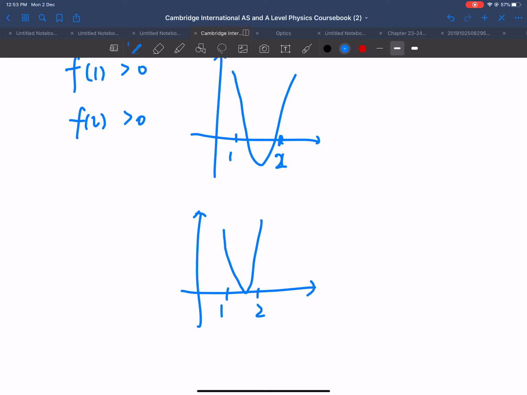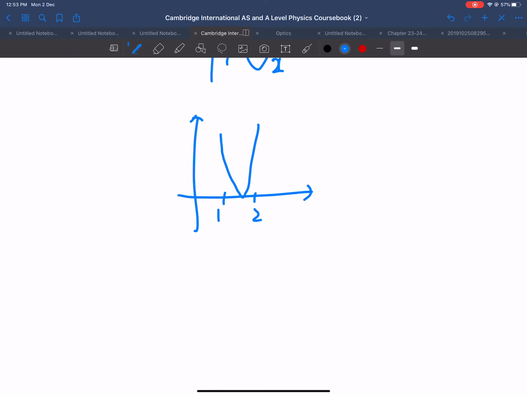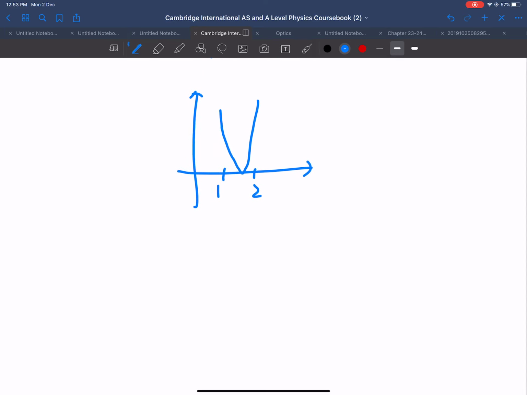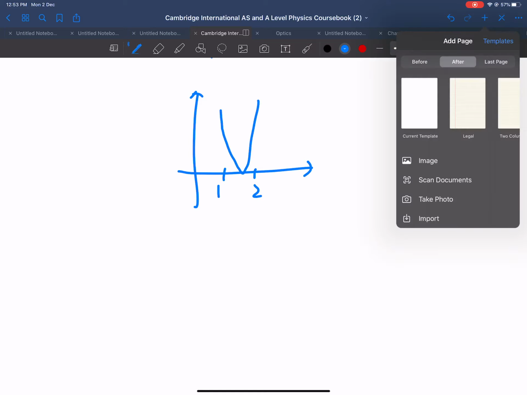Now let's have a look at the question. Have you learned about differentiation in core math? Stationary points.